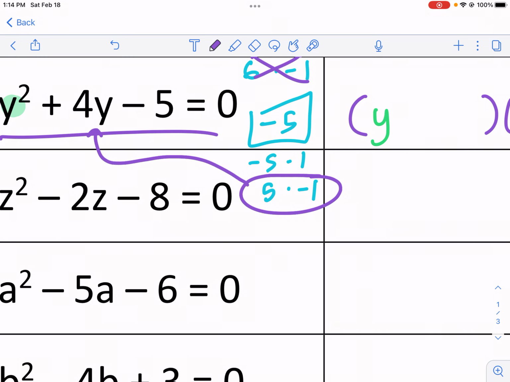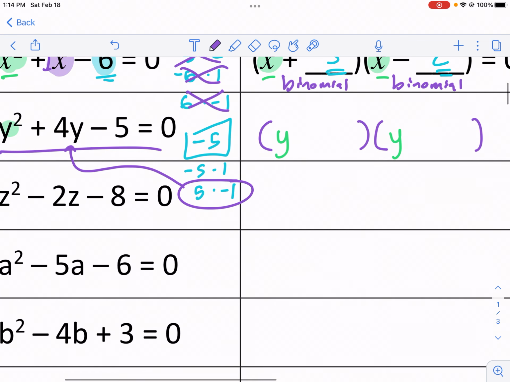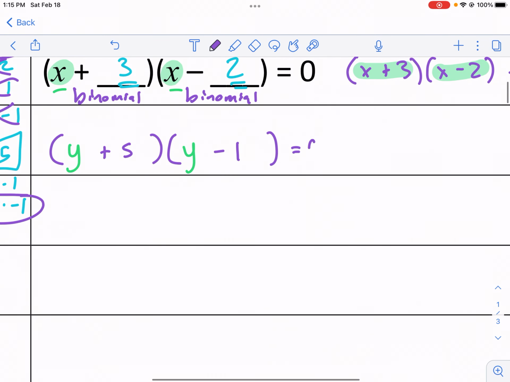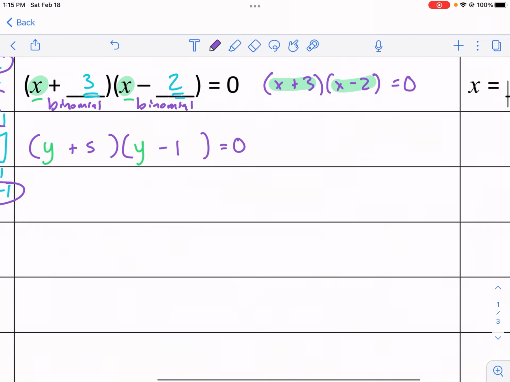Keep in mind that we're going to be multiplying by those y's, so really we just need to think about the coefficients here. We don't need to really worry about the y. We just do 5 plus negative 1 does in fact equal 4, so I'm going to go plus 5 and then minus 1. A lot of students have trouble with just that first step. But the second step, even if you didn't understand how to get there, is pretty intuitive. What plus 5 equals 0?